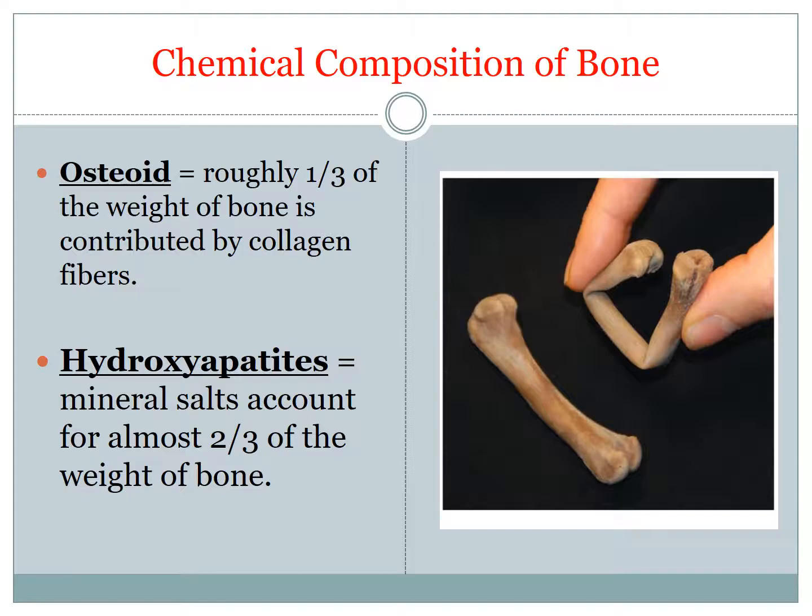The combination of the salts and the collagen fibers gives bone a strong, somewhat flexible material. Furthermore, this protein-rich crystal combination is highly resistant to shattering. In fact, bone is far superior to concrete and is more in line with steel reinforced concrete.